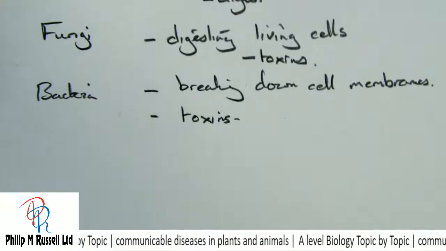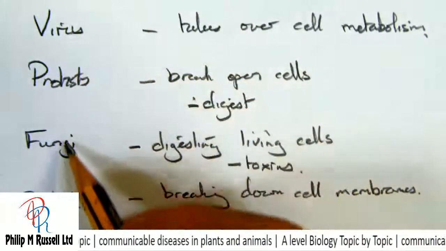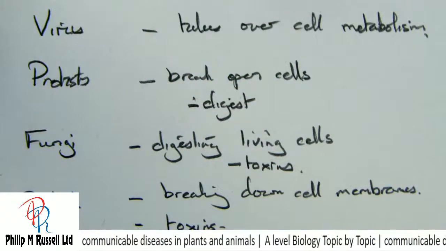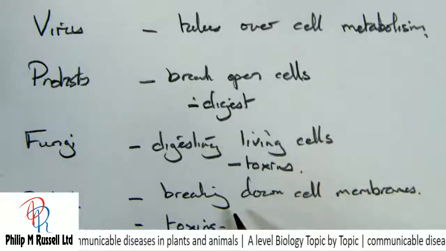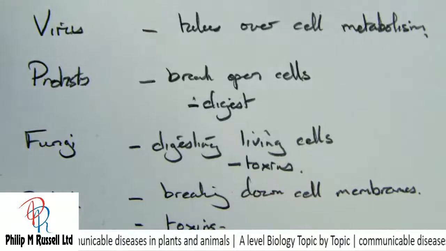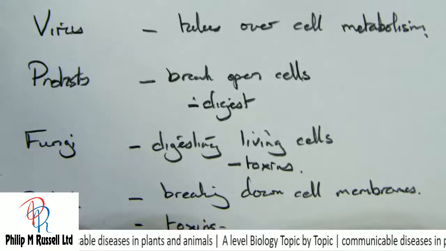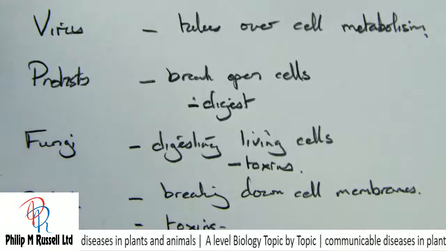So here are our basic modes of action for the viruses, the protists, the fungi and the bacteria. Once inside a cell, it's very much harder to destroy some of these things, and some mycobacteria are known for living in cells.